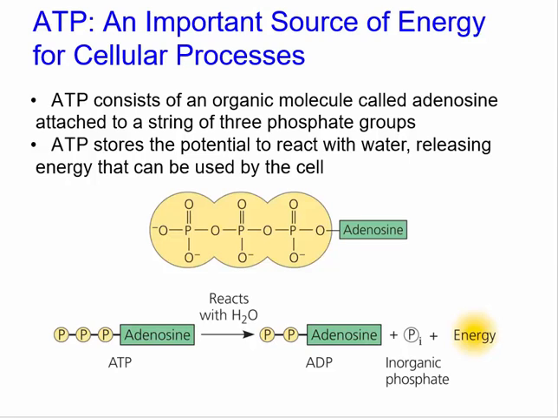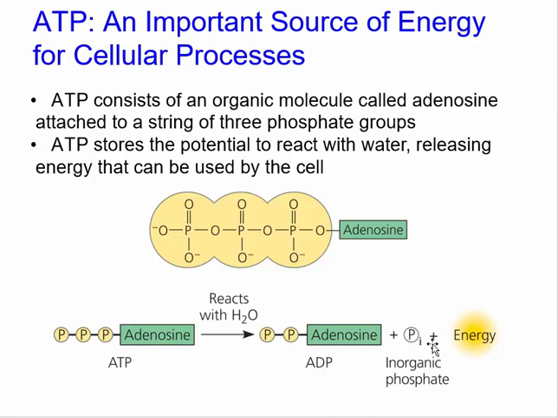And why is it a great energy currency? We have these, you could think of them as high energy bonds between these phosphate groups. So when we take our triphosphate and we peel off one of these phosphates, here it is, and you end up with ADP, diphosphate.